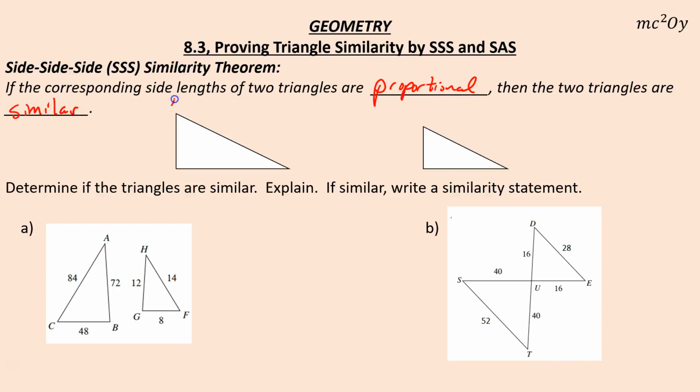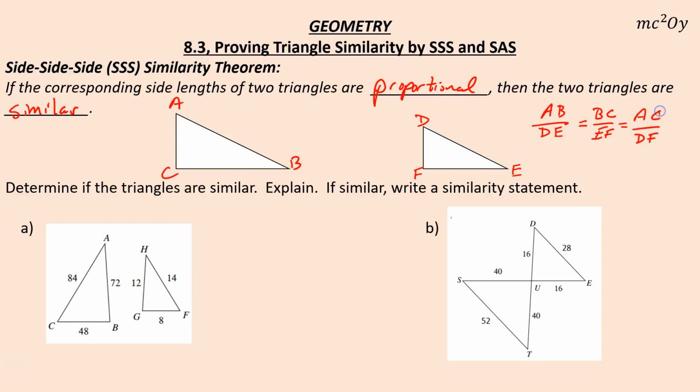What that really means, let's say I have two triangles A, B, and C, and then D, E, and F. Okay? And if I know that AB is to DE, so corresponding sides, or excuse me, AB to DE is to BC over EF to AC over DF.